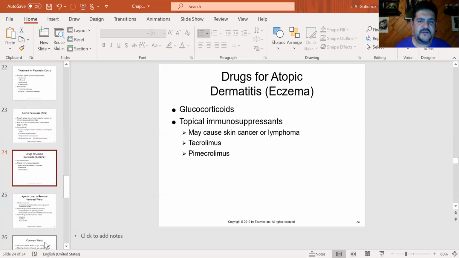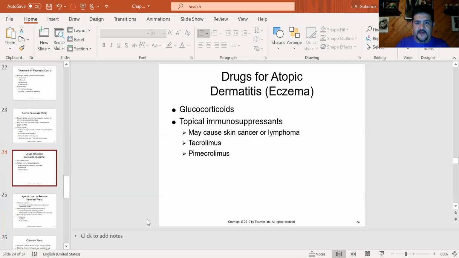Another skin condition, eczema or atopic dermatitis, is inflammation of the skin, and the keyword here is inflammation. One of the best treatments is glucocorticoid steroids. We can also use immunosuppressants.